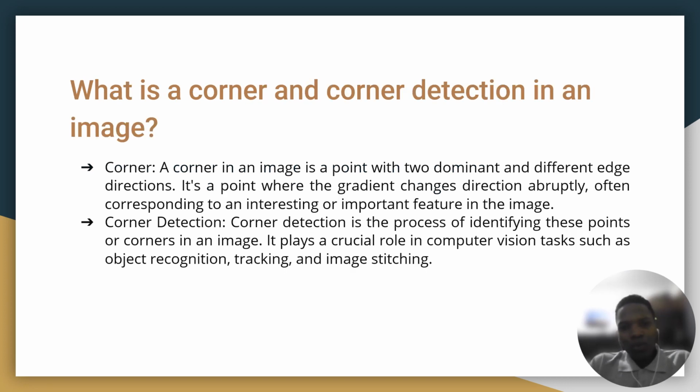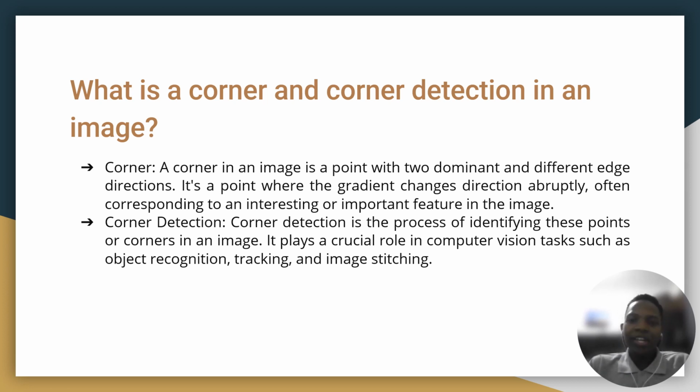So to begin with, what is a corner and corner detection of an image? A corner in an image is a point with two dominant and different edge directions, right? Since we already know that in an image, after we identify edges, they can have directions, horizontal or vertical. So a corner becomes a point with two dominant and different edge directions.